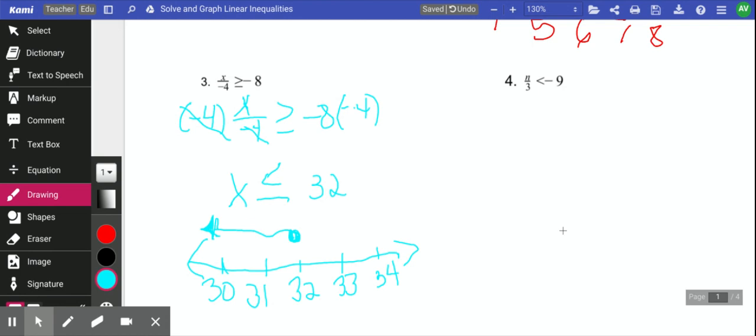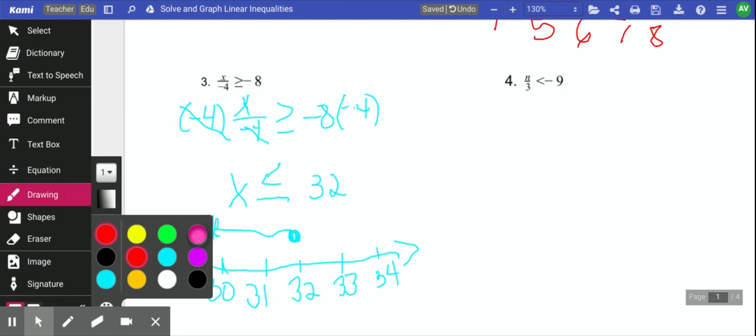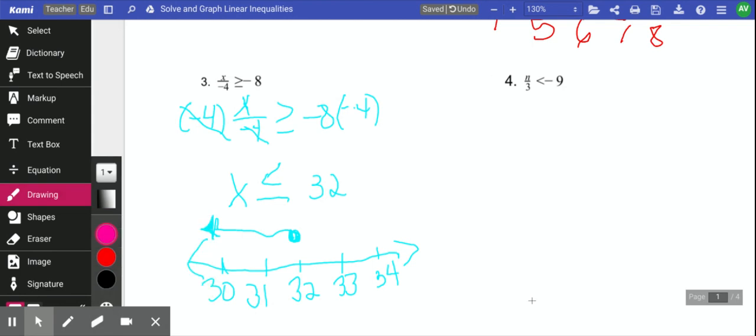Okay, let's try this problem. I have n divided by 3 is less than negative 9. So just as I did in this problem, I'm going to multiply both sides by 3. Because if you're dividing by 3, the opposite of that is to multiply by 3.